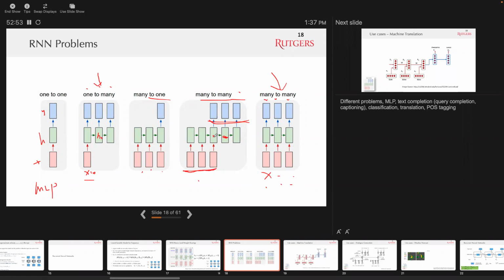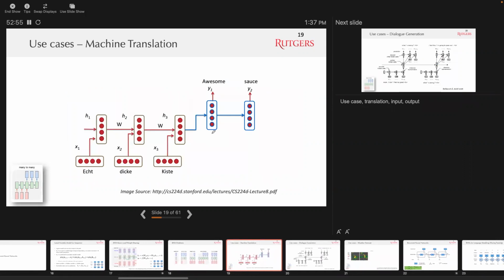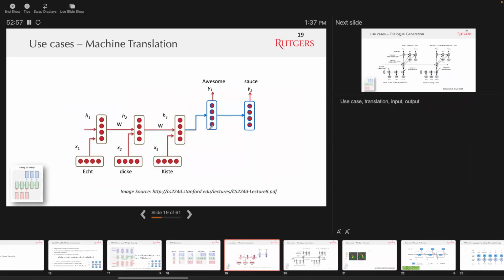And some examples, like I said, many-to-many setting. In many-to-many setting, one very typical example would be machine translation. In machine translation, you're given one sentence, so this is your input, and then it's going to output another sentence with a different language, right?